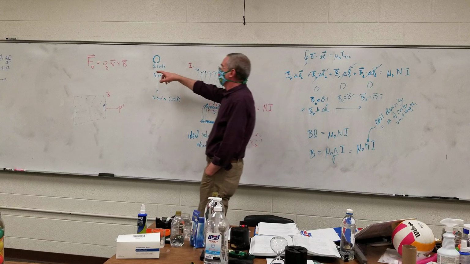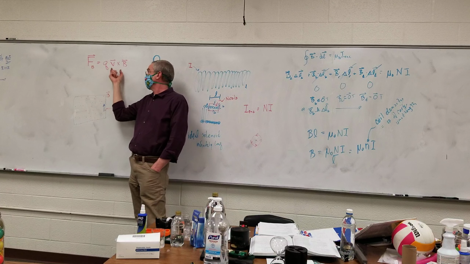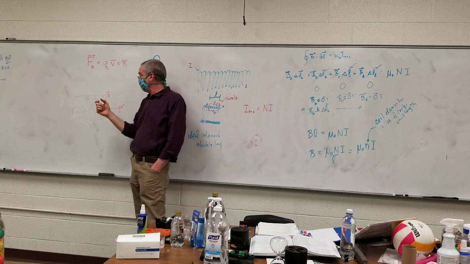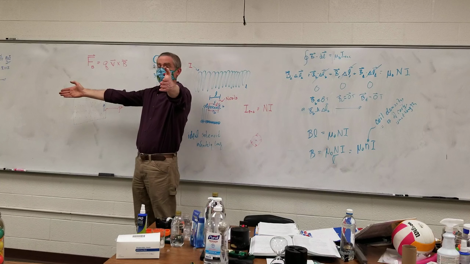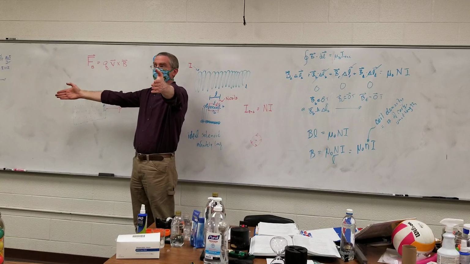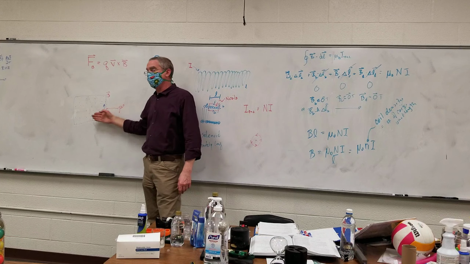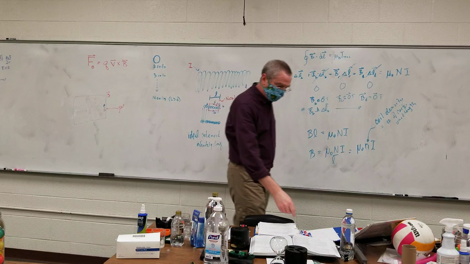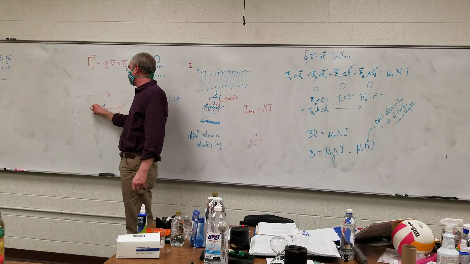When dealing with a cross product, the product is always perpendicular to the two vectors. V and B are taking up basically that plane right there. The force has to be perpendicular to it. So when it comes in, it's suddenly feeling this upward force, and so the proton is going to start to move this way.